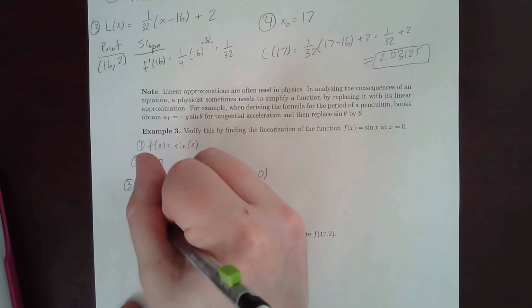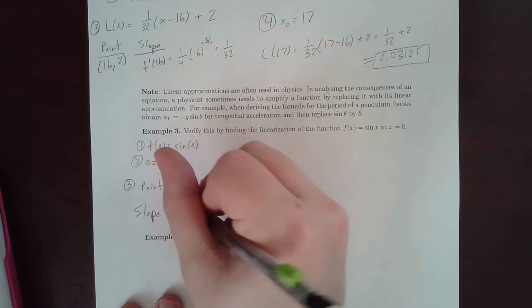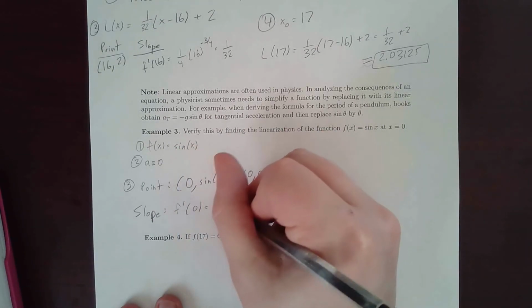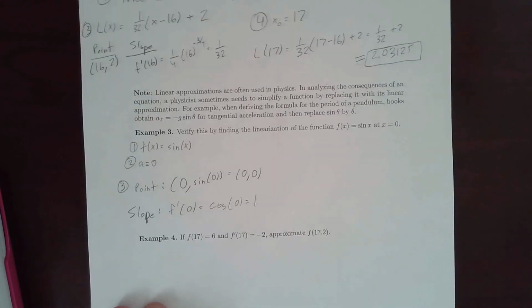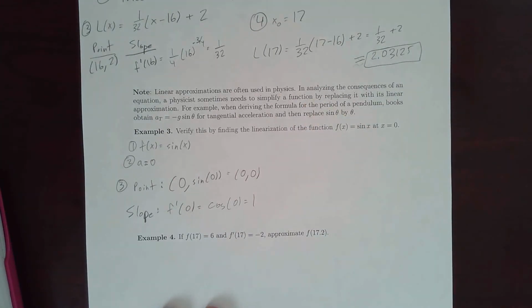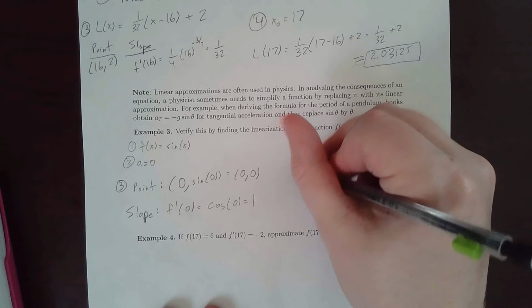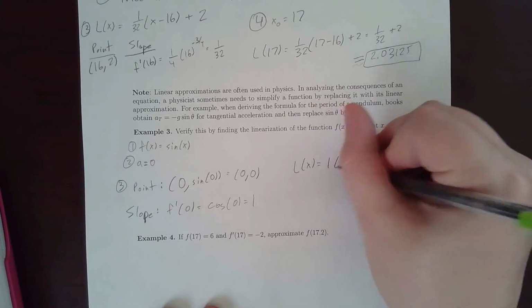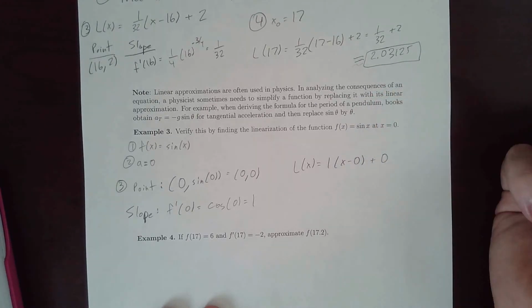And our slope is going to be f prime of 0. So remember that since sine is our function, the derivative of sine is cosine of 0, which is just 1. So that tells us then that if we're trying to create that linearization equation, we are looking at L of x equals 1 times x minus a plus f of a.